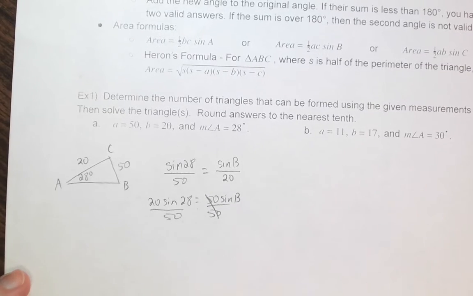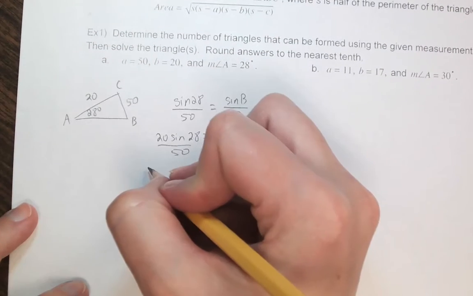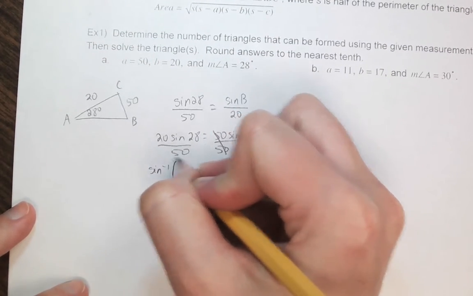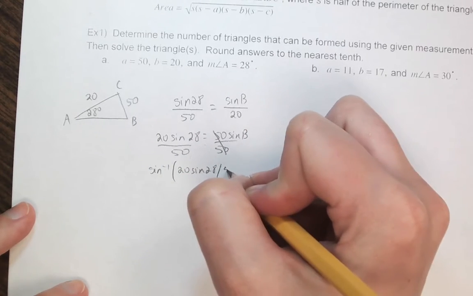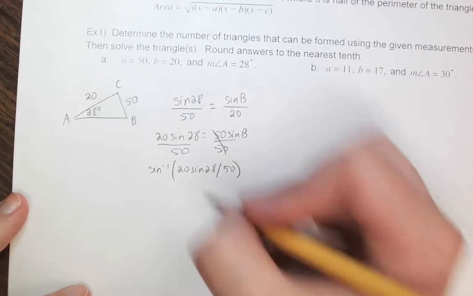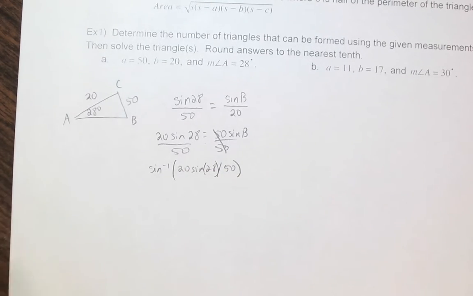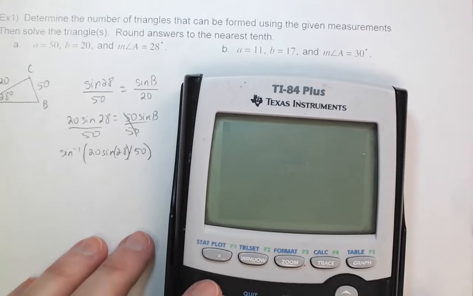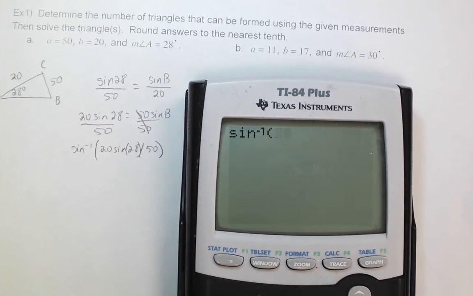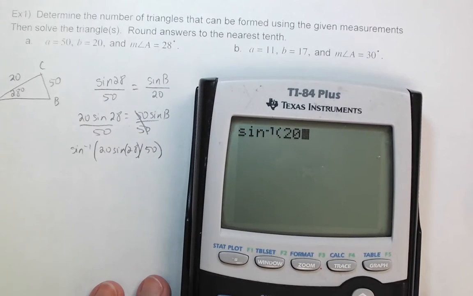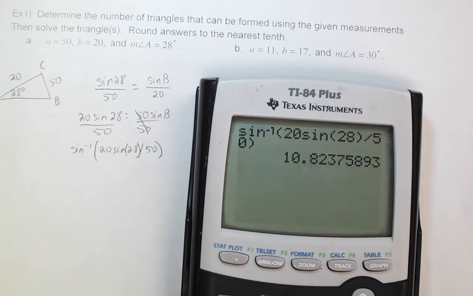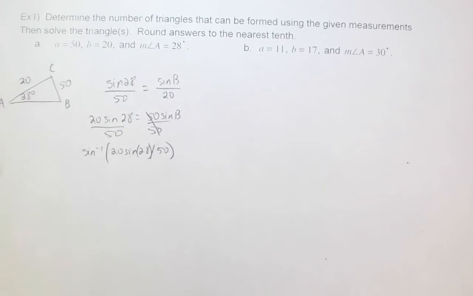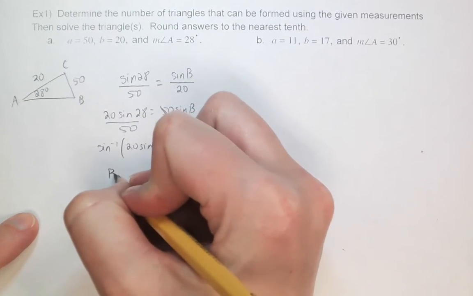Since I'm looking for an angle, I have to use the inverse, so inverse sine of all of this, with parentheses around that too. Let's type that in. Make sure you are in degree mode because we're talking in degrees here. I get about 10.8 degrees for my first angle B.